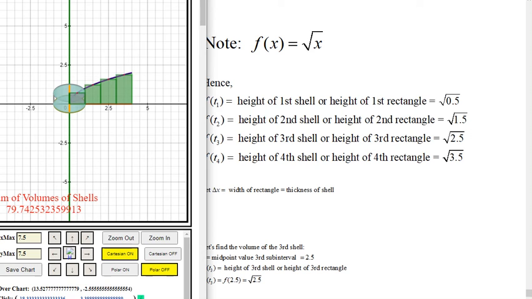And then for shell number 2, the midpoint is 1.5, and so the height would be the square root of 1.5. And then for shell number 4, the midpoint right here is 3.5, and so the height for the fourth shell is the square root of 3.5.